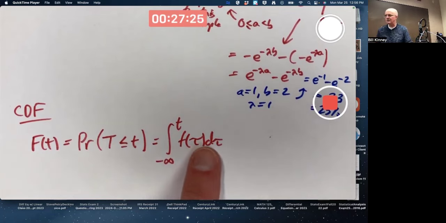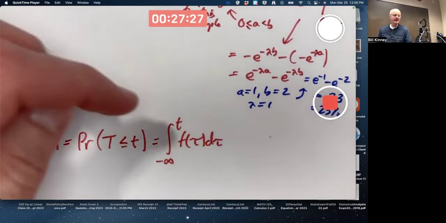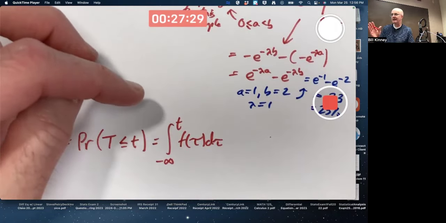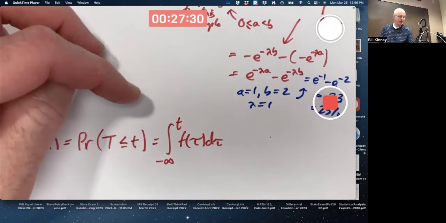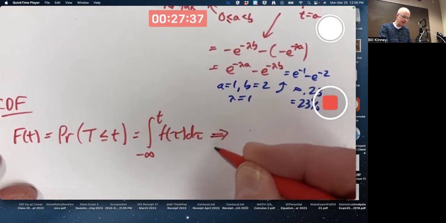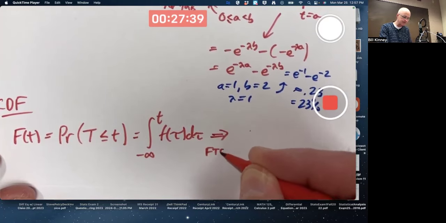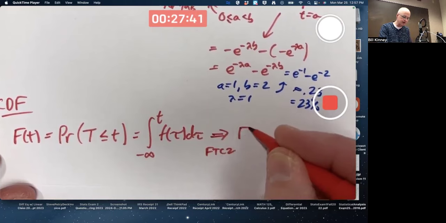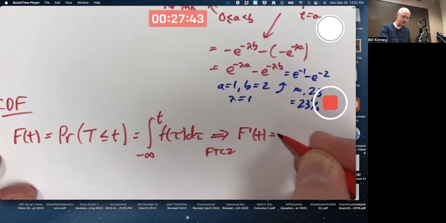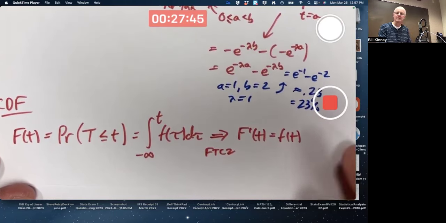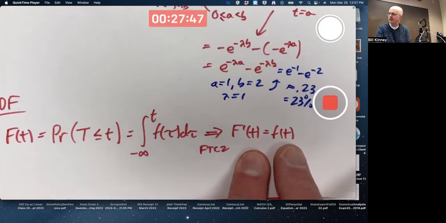They use this t here as well, but that's sloppy. It's so sloppy, I don't like doing it. I want to emphasize the true variable here is that upper limit. This is true in the abstract, and also by the second fundamental theorem of calculus from chapter 6, the derivative of capital F equals little f. Use the same variable in both spots there.